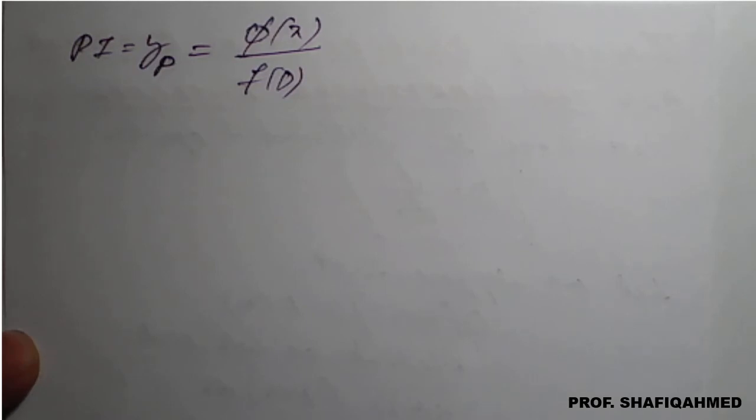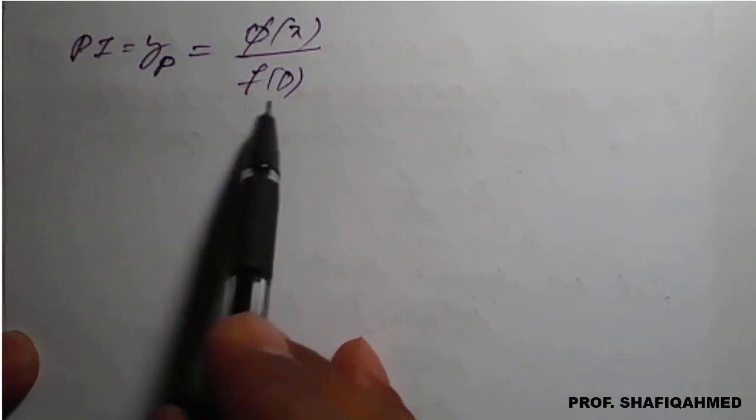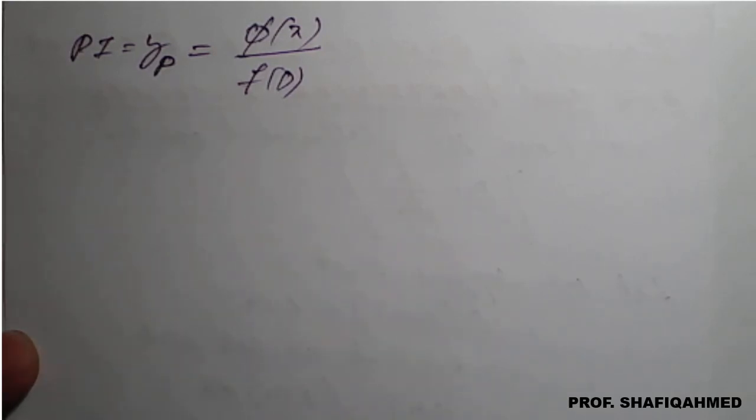For our syllabus we have 3 types. Type 1 belongs to e to the power of any function. Type 2 belongs to either sine of the angle or cos of the angle. And type 3 is where phi of x takes a polynomial divided by the auxiliary equation. We'll see the details of type 1, type 2 and type 3 in our next classes.